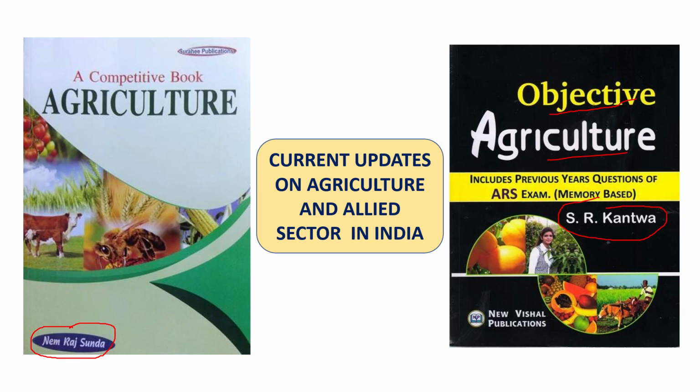I suggest only these two books for your JRF exams, along with the current updates on agriculture as well as allied sectors in India. With respect to the current updates, some books will be released before the JRF exams. You have to purchase those books and read them.